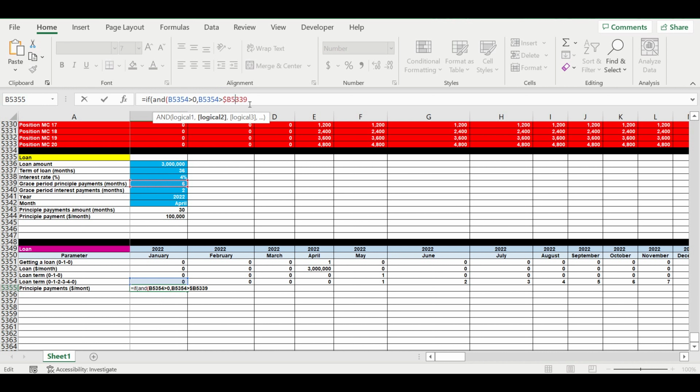We are freezing the cell, then we are paying $100,000 monthly, otherwise 0.